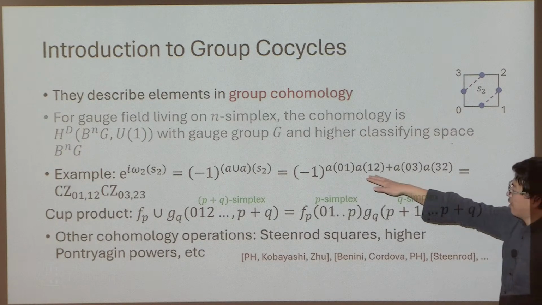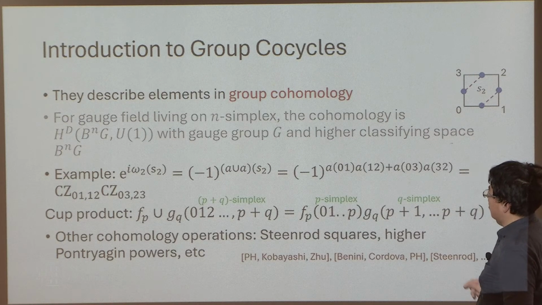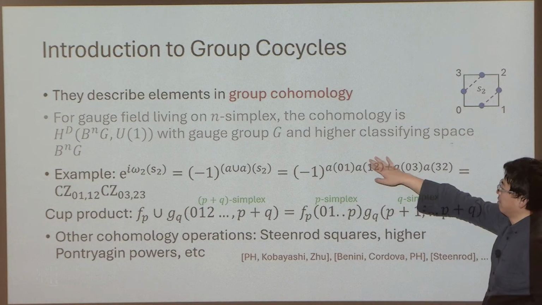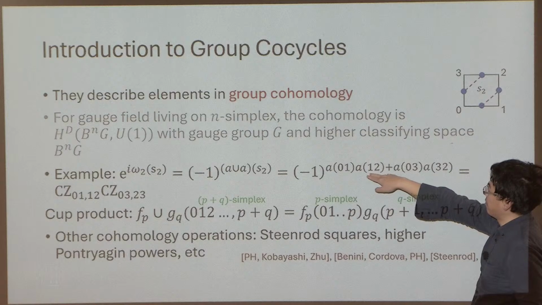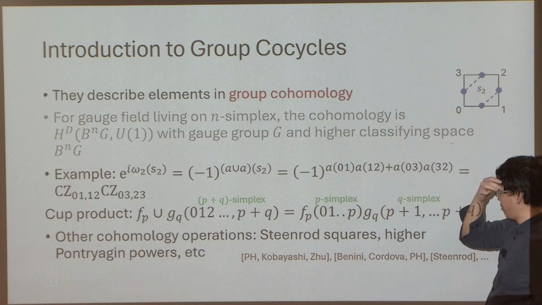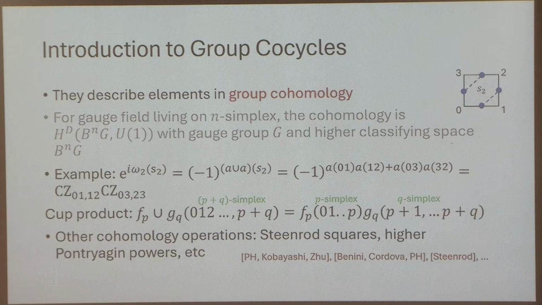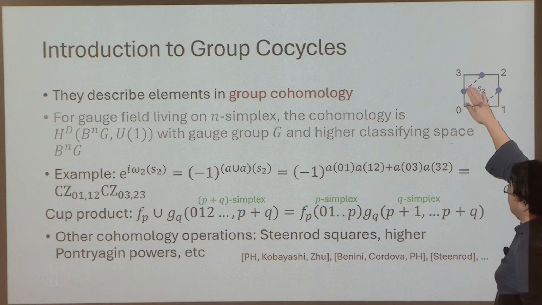And this operator is only non-zero when both terms in the exponent are 1. As long as one of them is 0, you get 0. But if both of them are 1, you get 1. So this operator is a controlled-Z operator for a pair of qubits living on 0, 1 and 1, 2, and also 0, 3 and 3, 2.